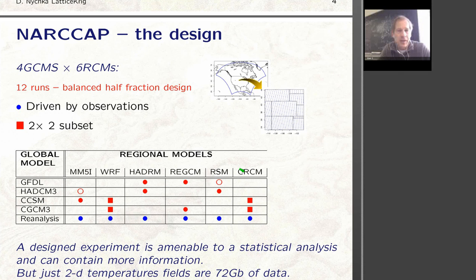This is a U.S. Canadian effort. So CCSM is the NCAR model. CGCM3 is the Canadian global model, and then we have the Canadian regional model, and also sort of an NCAR based regional model.